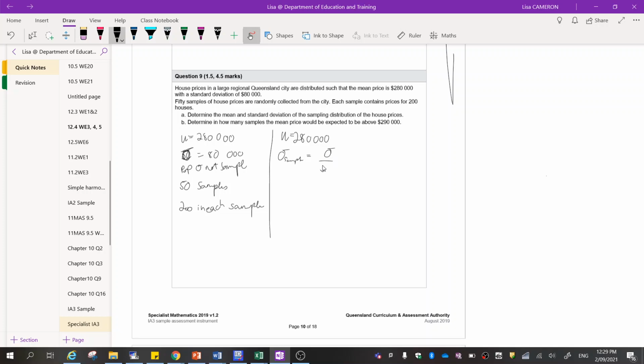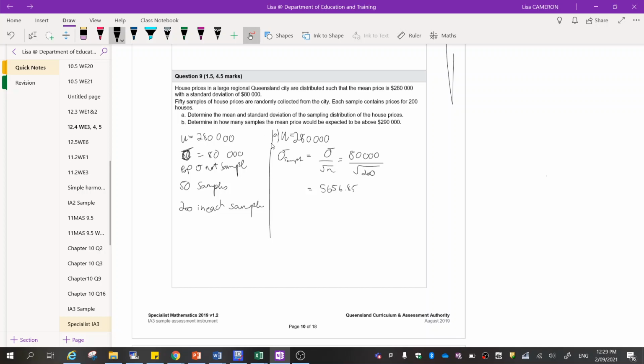Now, this one is in the formula booklet, but you need to know how to apply it. So the population standard deviation goes on top there, divided by the square root of the number that are included in that sample. So that is the 200, not the 50. Now, when I put that into my calculator, I'll get 5656.85. So that's the standard deviation of the sample.